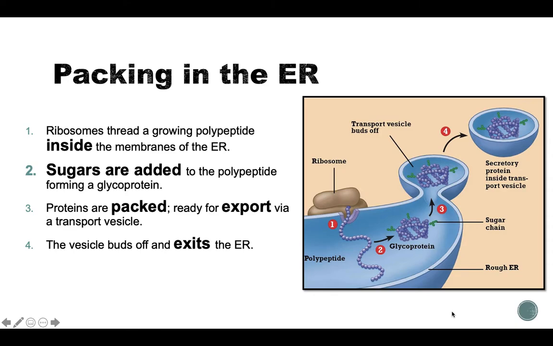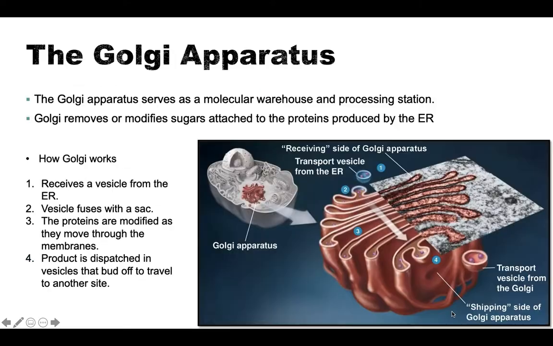We can add things to that protein, and then that protein travels to the edge of the endoplasmic reticulum, and from there it forms this little bubble, which we call a secretory protein. So it can travel along the cytoplasm of the cell, or the cytosol of the cell, and then it can exit and go someplace else. So that's the functionality of the endoplasmic reticulum.